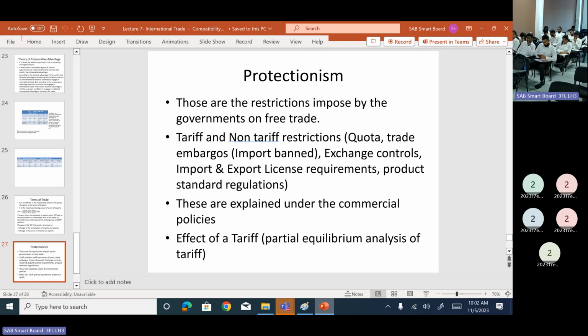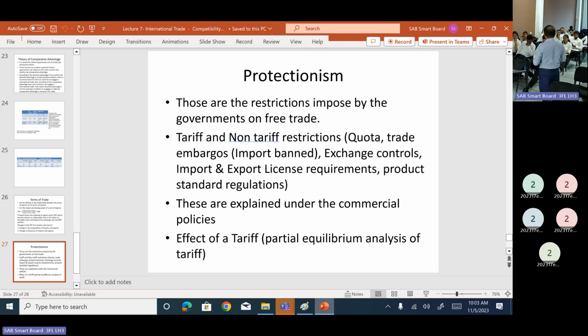Now, when we talk about tariffs on imports in international trade, you can analyze the effects of tariffs. Do you have any idea about the analysis of the effect of tariff taxes? We discuss this under the demand-supply model.